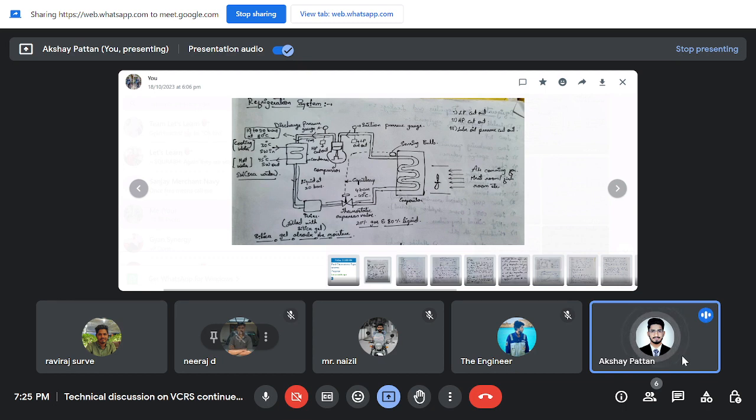And nowadays, the most commonly used refrigerant is R134A, that is tetrafluoroethane. You need to mention this, and after mentioning this, you go for temperature and pressure. In future, if the refrigerant is replaced, then you need to explain according to that. But for now, stick to R134A only.